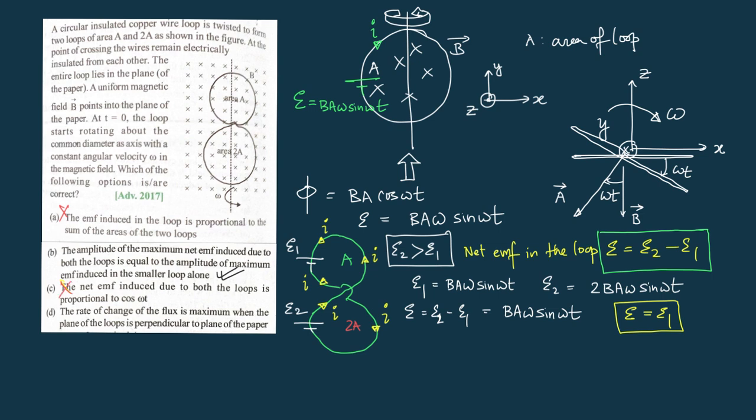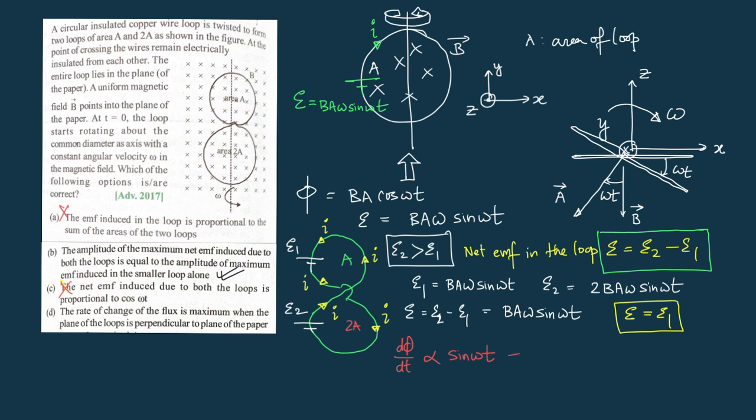Let's look at D. The rate of change of flux is maximum when the plane of the loops is perpendicular to the plane of the paper. Rate of change of flux, d phi by dt. So here the rate of change of flux d phi by dt is proportional to sin omega t.